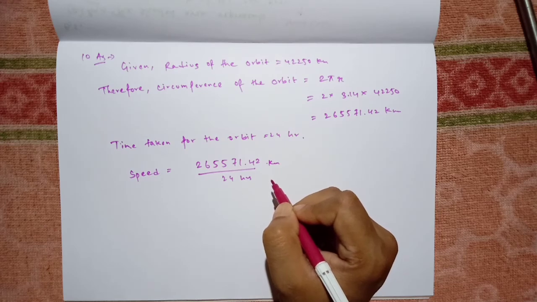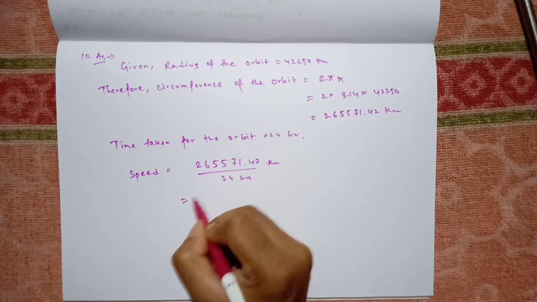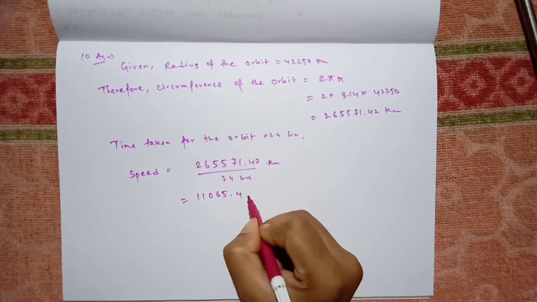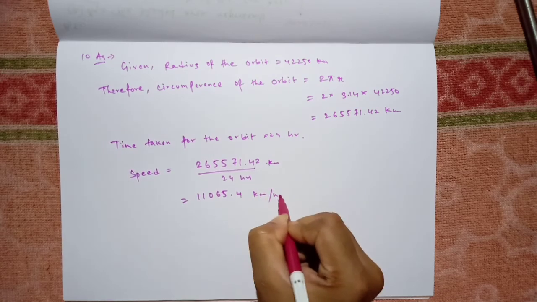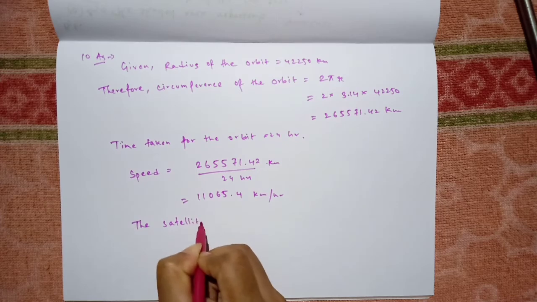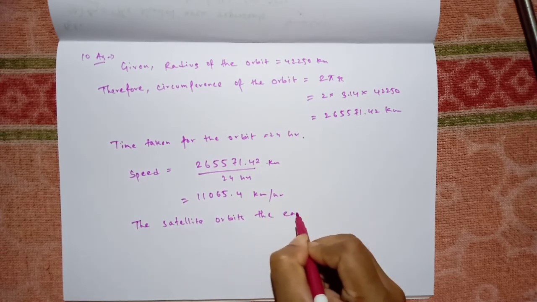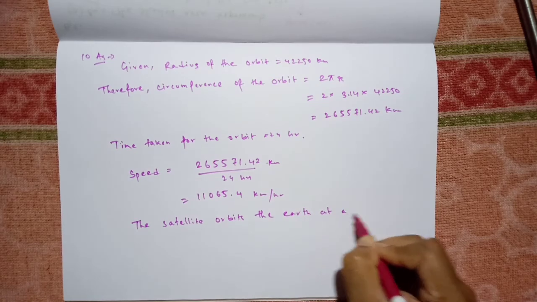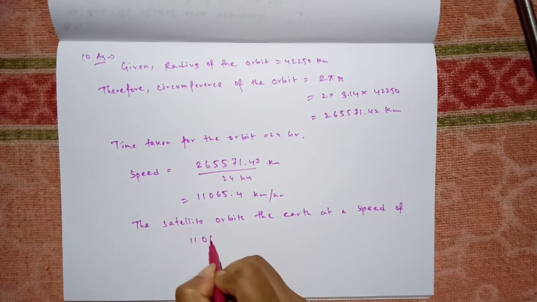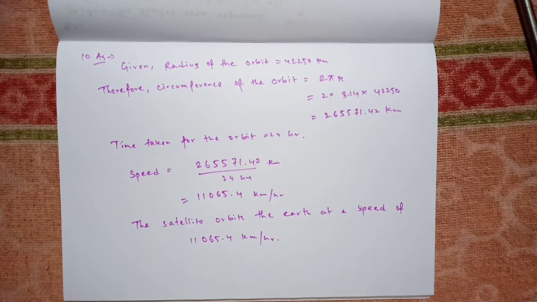Now we will get 11065.4 kilometer per hour. So the satellite orbits the earth at a speed of 11065.4 kilometer per hour.